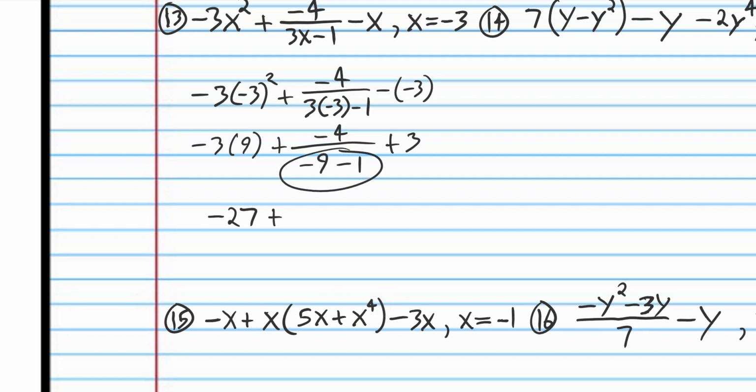And -9 minus 1 is -10. So a negative divided by a negative is a positive, and this also reduces to 2/5 if you use the fundamental principle of fractions.